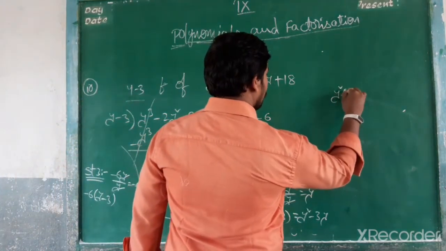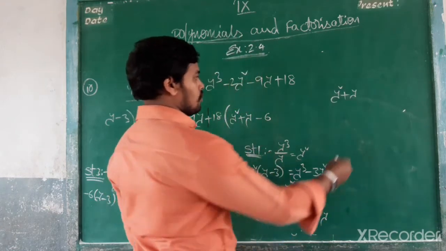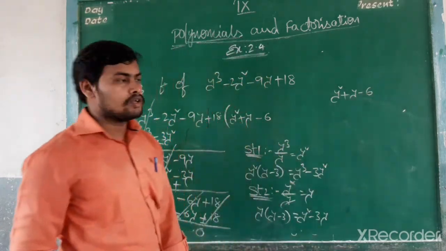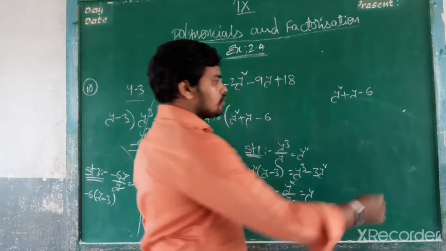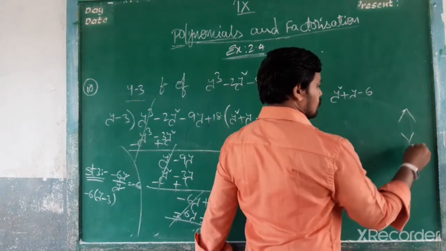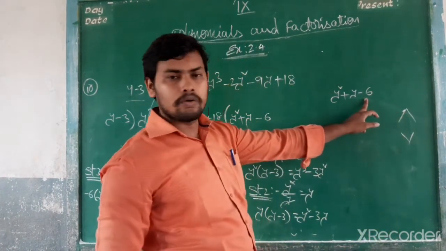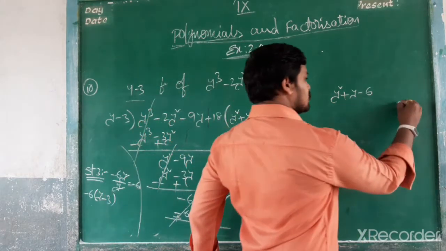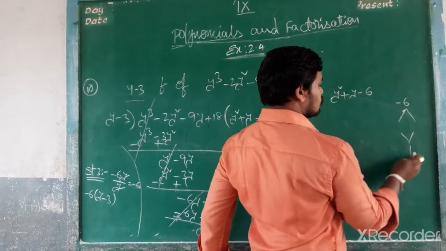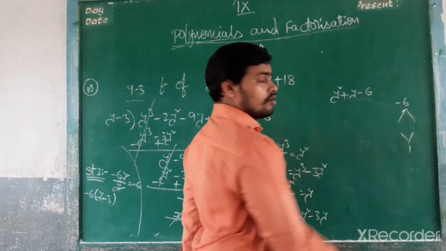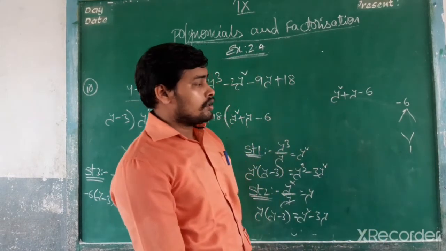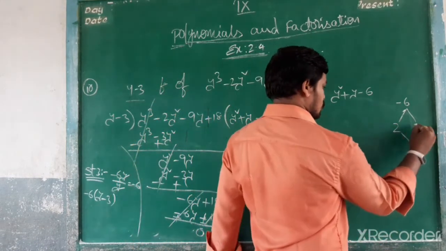y square plus y minus 6. So you should get the two factors. If you multiply two numbers, the result is minus 6. If you add two numbers, the result is 1. Okay, those two numbers are 2 and 3, 2 threes are 6.